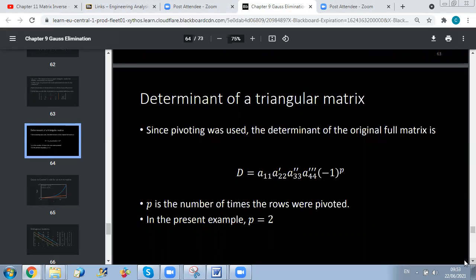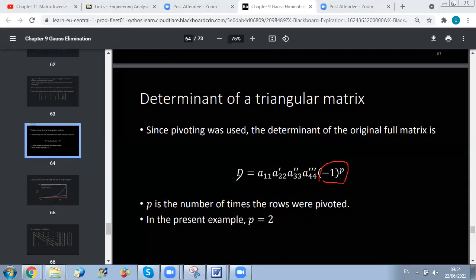In general, if we don't do any pivoting in the Gauss elimination process, the determinant of the original full matrix will be equal to the determinant of the upper triangular matrix obtained. But if we do pivoting, we can demonstrate that it will be equal or opposite in sign, depending on the number of pivoting operations we perform.